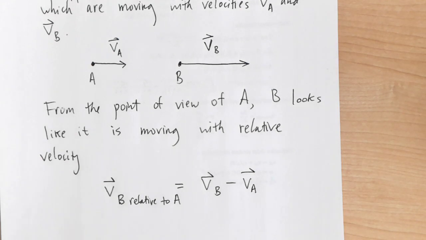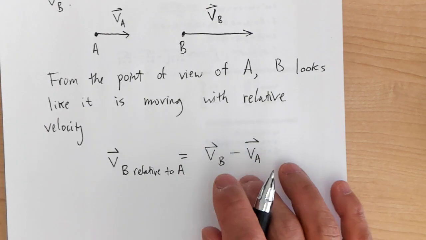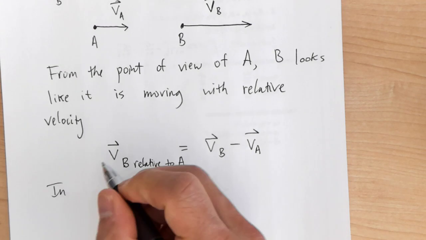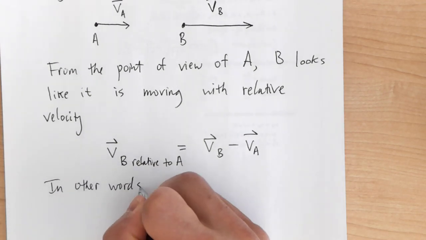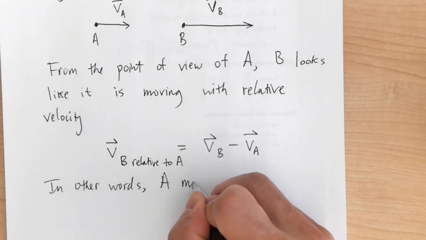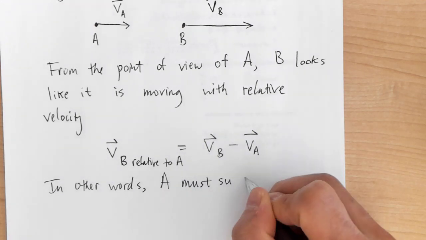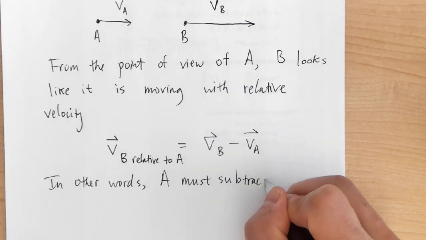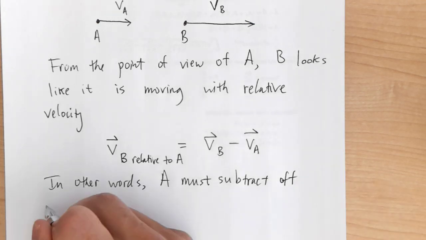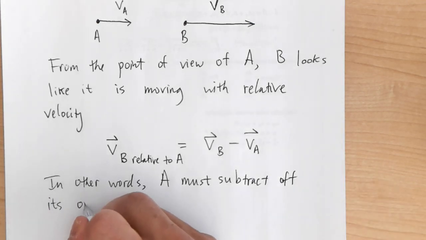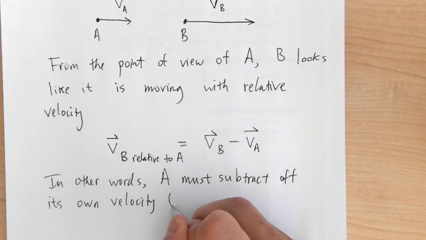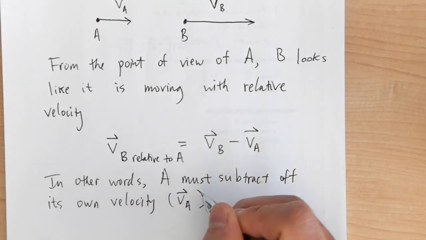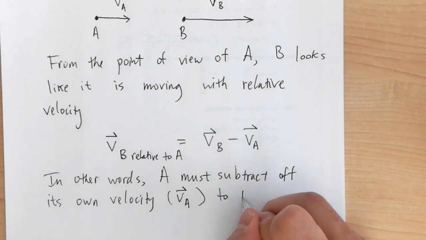All right. In other words, A must subtract off its own velocity, which we call VA, to get the relative velocity.